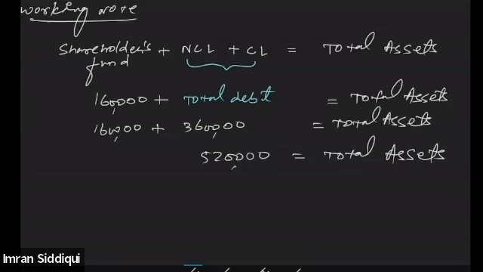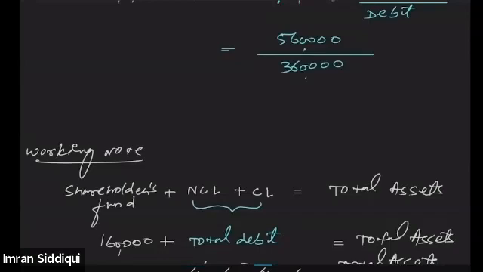Okay. And now we can put this value here, like 20. And dividing this, we'll get the answer 1.625 is to 1.